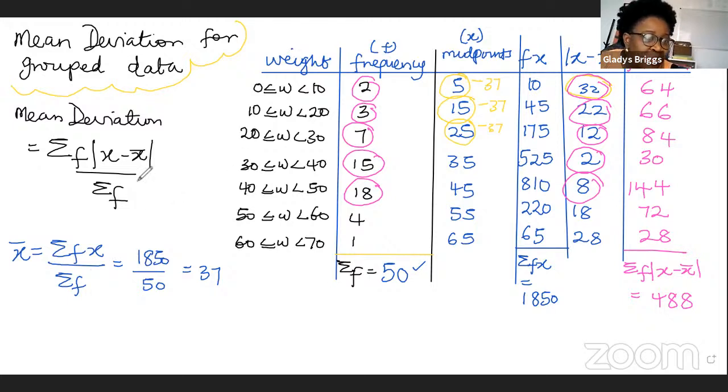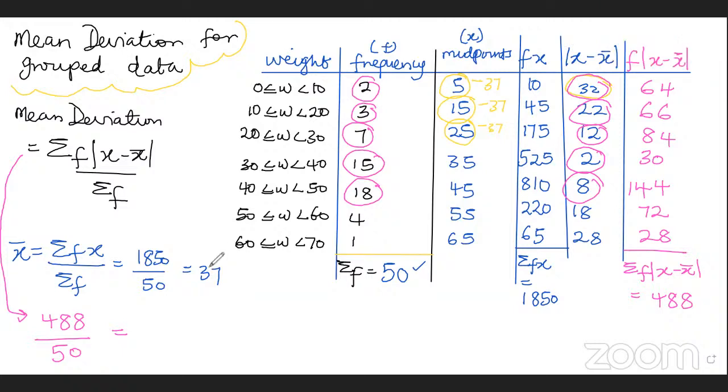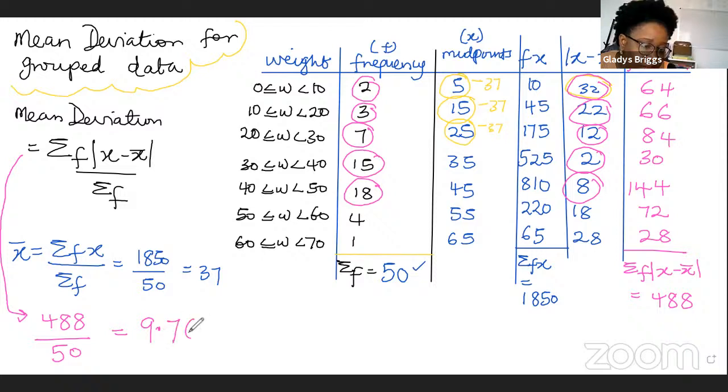To put that into our formula, we put 488 divided by sigma f, which is 50, and that should give us the mean deviation. What's the answer, guys? 9.76. Okay, so that's how we do the mean deviation. We've done it. Yay!